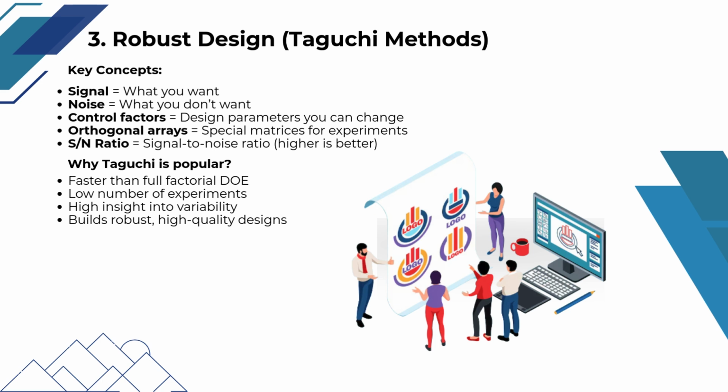The signal-to-noise (SN) ratio measures performance relative to variability, with a higher ratio indicating better robustness. Taguchi methods require fewer experiments than full factorial designs, provide deep insight into sources of variation, and help build robust, high-quality designs that perform reliably under real-world conditions.